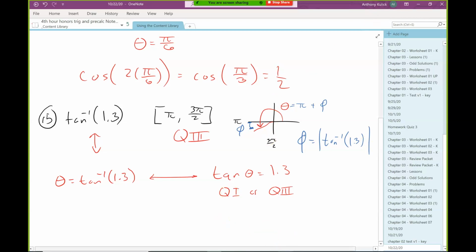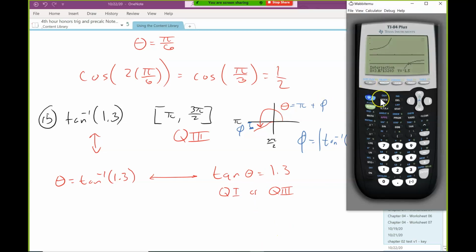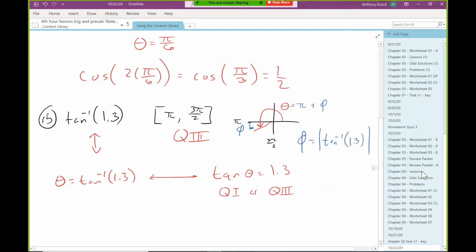So I'll just go to my calculator and do tan inverse of 1.3 and just take the positive result. So tan inverse of 1.3 is 0.915.